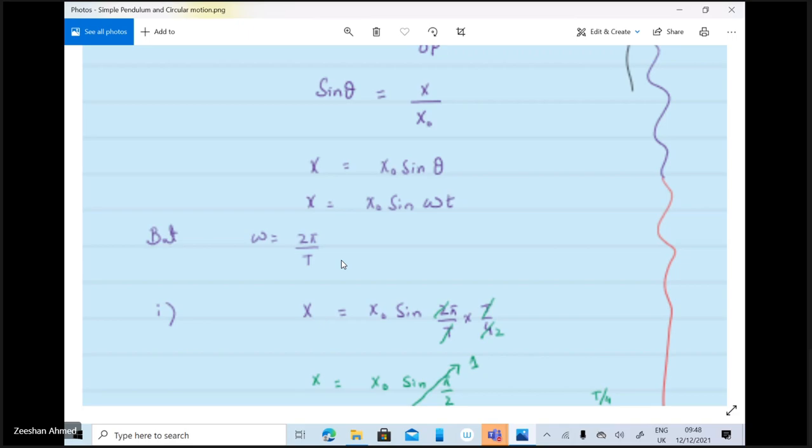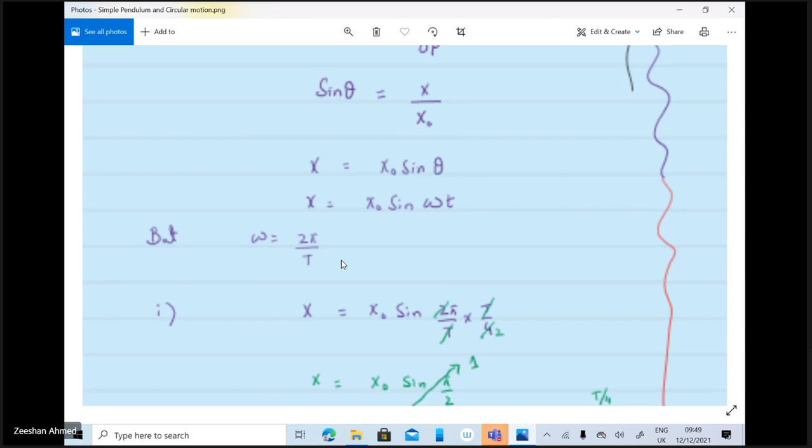Now what is pi? In general, what was the value of pi? In degrees, 1 pi equals how many degrees? 1 pi is equal to 180 degrees.